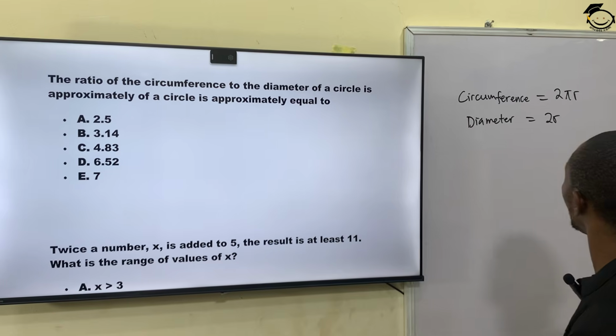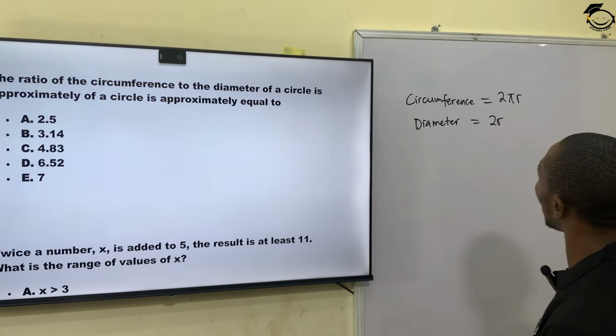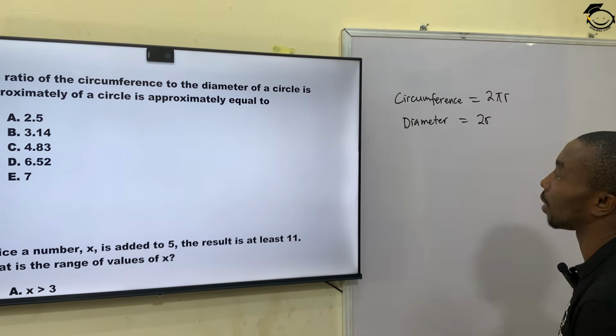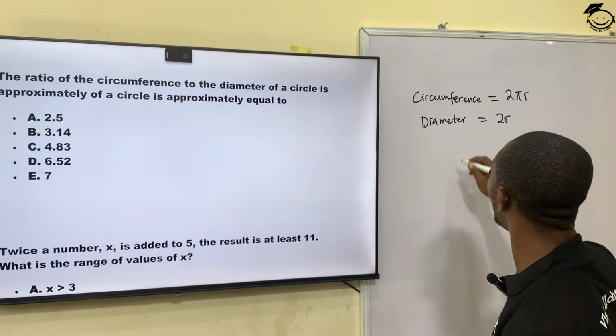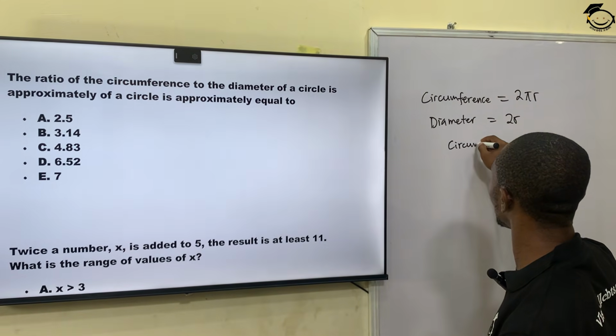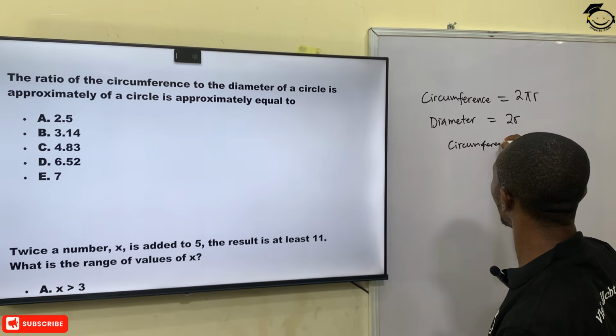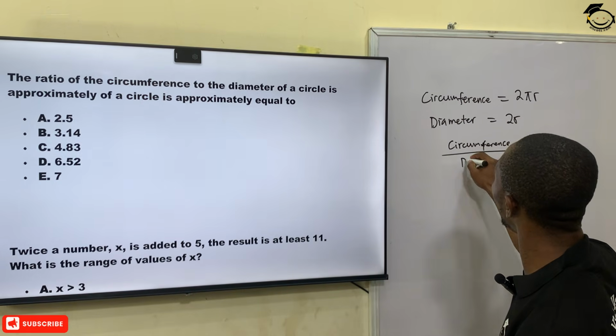Our diameter is given as 2r and our circumference is given as 2 pi r. Now, if we talk about the ratio, that means circumference over diameter.